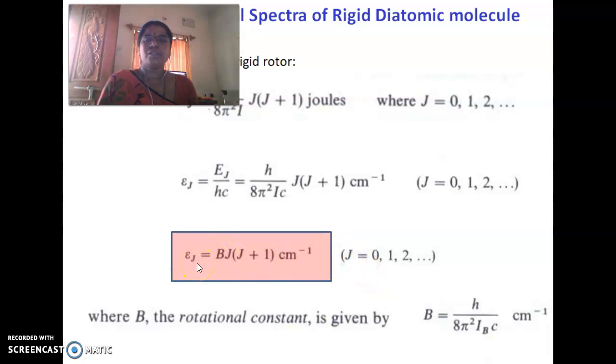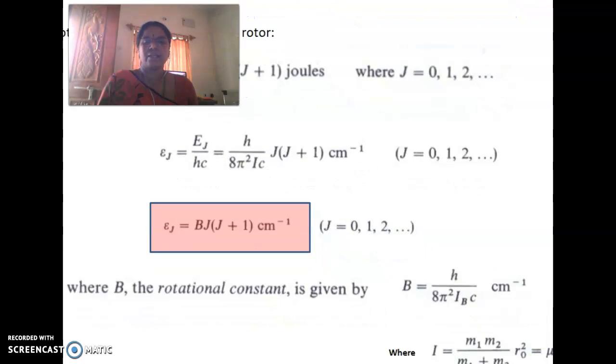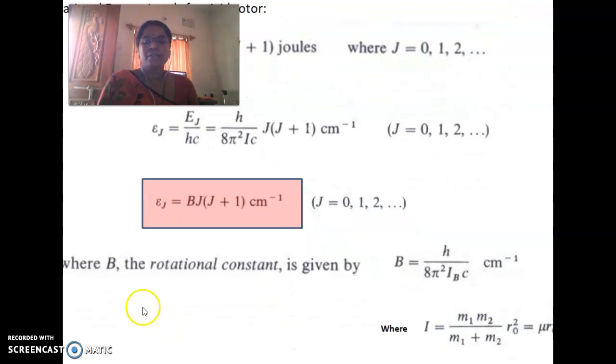Epsilon 0 means the ground state, 1 is the first energy level, 2 is the second energy level, like this, right? Where B is the rotational constant, which can be given by h by 8 pi square I, overall this is replaced by B, right?